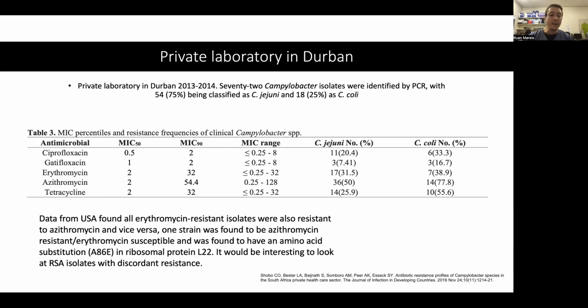And in the one that they did find discordance, there was a specific ribosomal protein amino acid substitution. And it would be quite interesting to look at the South African isolates to see if there was a similar finding. But obviously, I couldn't find any whole genome sequencing data on Campylobacter jejuni and coli.